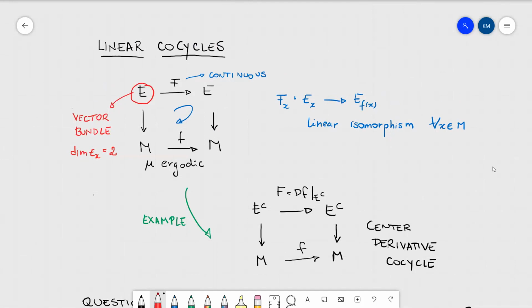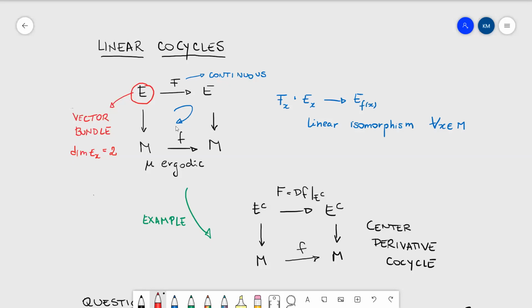Moreover, the results that I want to study for continuity of the Lyapunov exponent are mostly known for dimension 2. This is a vector bundle, and I have a map that I'm denoting F here that is continuous.